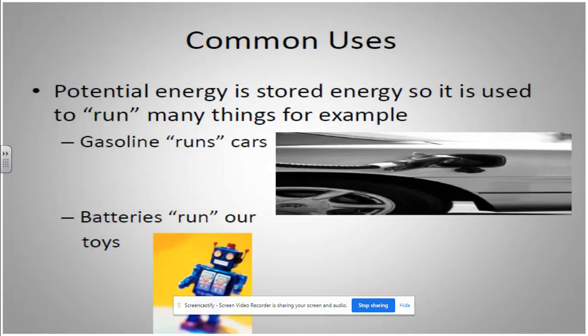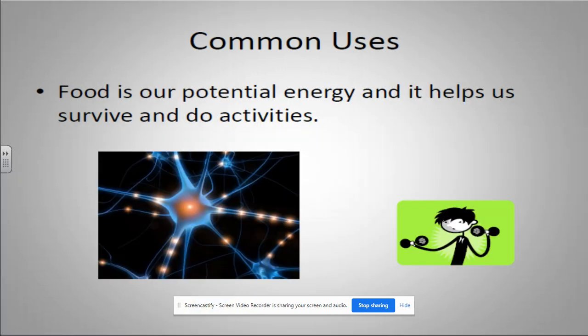Some common uses of potential energy would be energy that's being stored to allow things to run or work later. Gasoline has a lot of potential energy. It has lots of energy that can be converted and used into making cars run. Batteries help run our toys. So batteries store energy, and when you put those batteries into a toy, the toy works, moves, or runs.